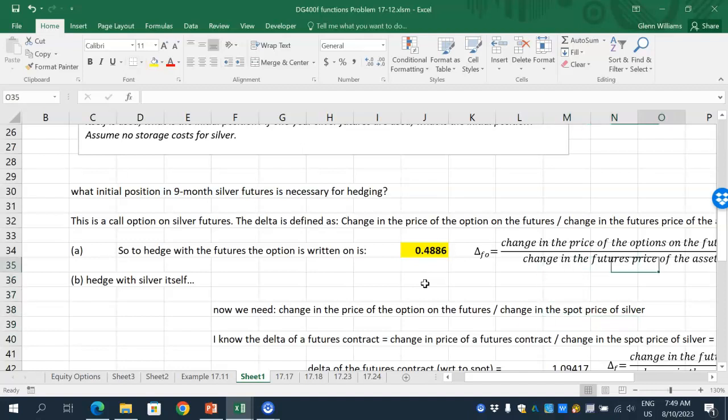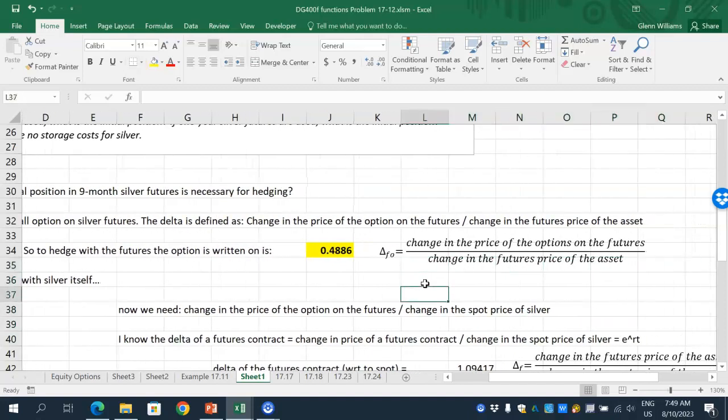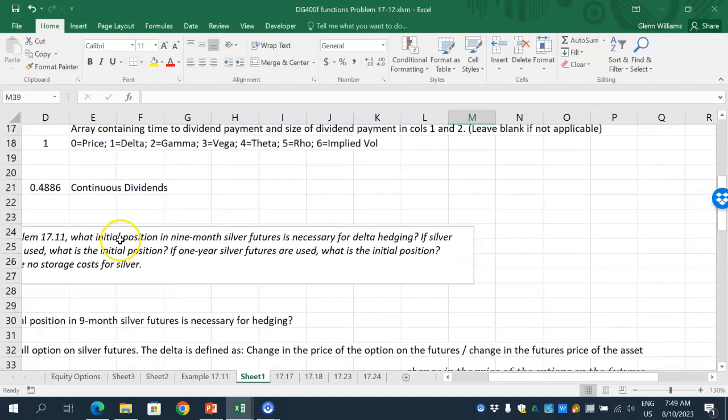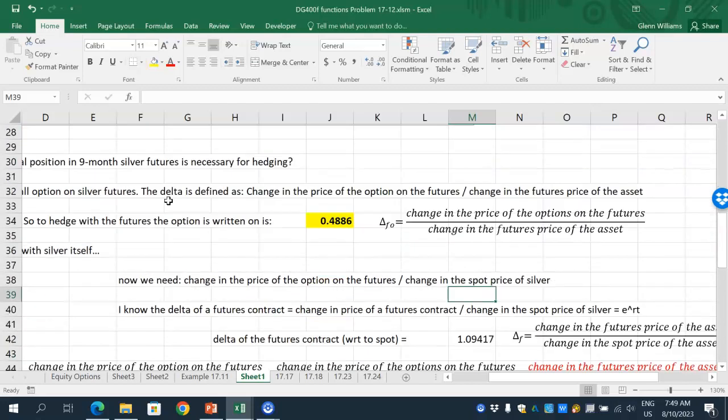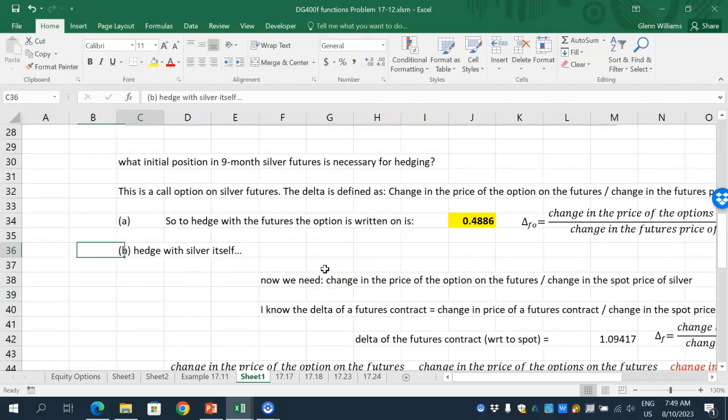Not relative to the change in the futures price of the asset, but relative to a change in the actual price of silver. So you look around and ask, what information did you give me about the prices? Well, they don't give you any information about the price of silver. So you have to infer that from what you're given from the futures contracts.